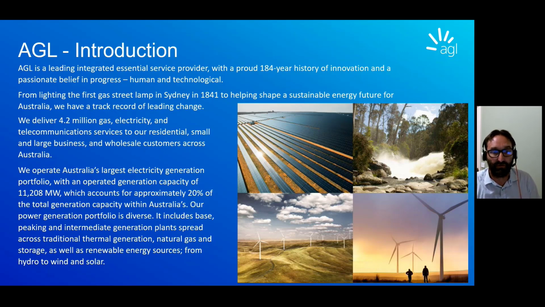We have traditional thermal gas and brown coal, which, as you've seen, we're shutting down very shortly. Natural gas storage, as well as our renewables from hydro, wind, solar, battery, and obviously there are emerging technologies as well.